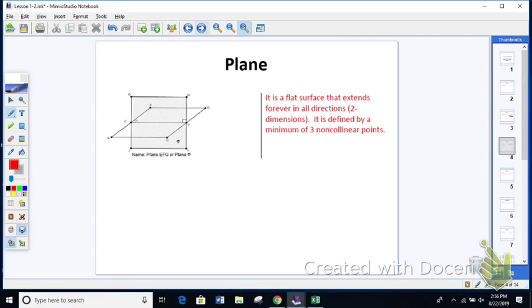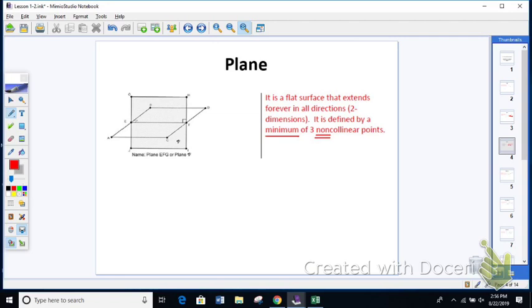When we name a plane, we have to use at least, a minimum, so at least 3 non-collinear points. So I can choose any 3 points that are not on the same line. So you notice that this piece that looks like it's going straight up and down is shaded a little bit.